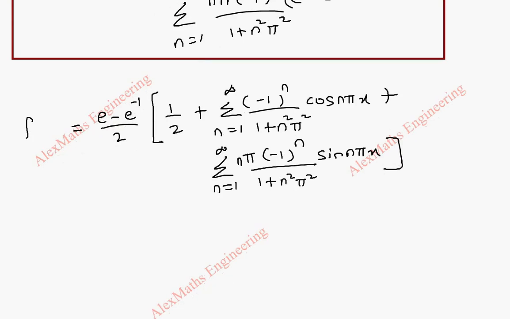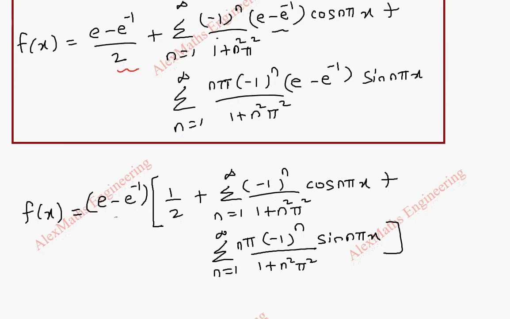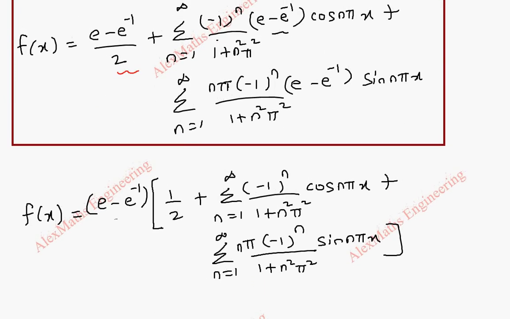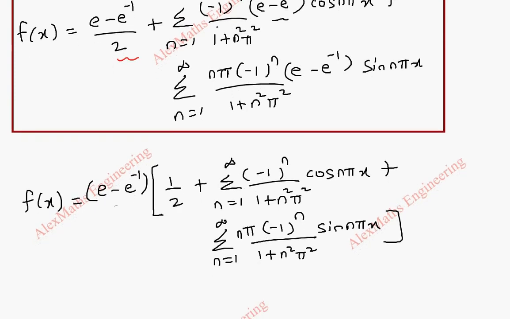So this is our f of x. Actually we are not taking this by 2 common. We are taking only e minus e power minus 1 alone common, because for the first term there was by 2, so by mistake I wrote by 2. We are taking only e minus e power minus 1, and the rest of the terms we have written as they are.